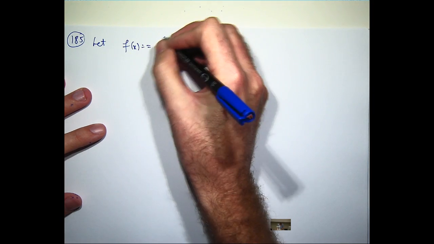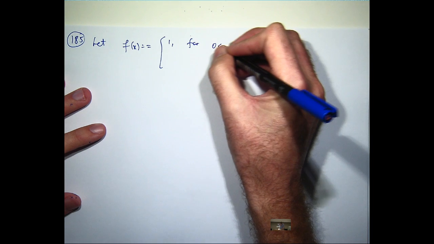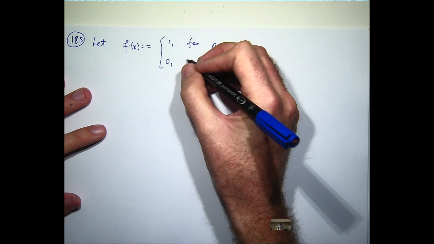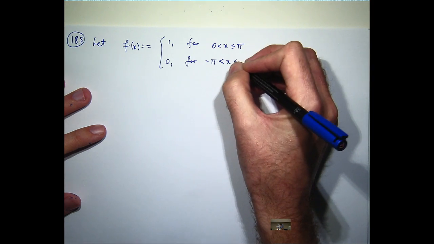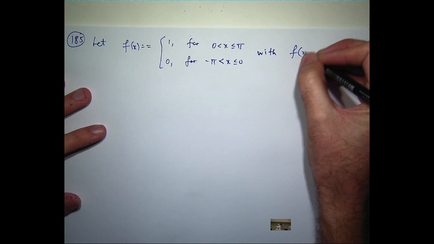So we've got a function that's defined in the following way. It's periodic with period 2 pi.